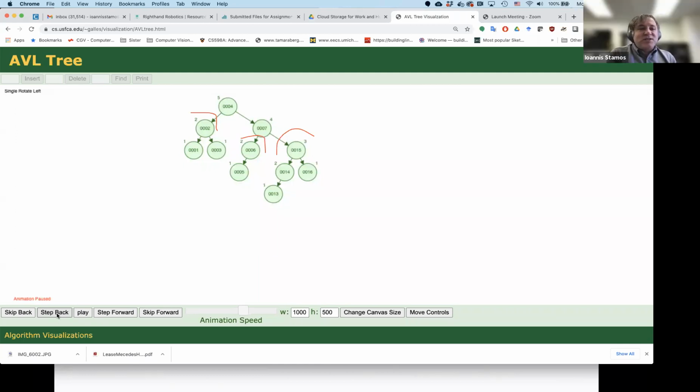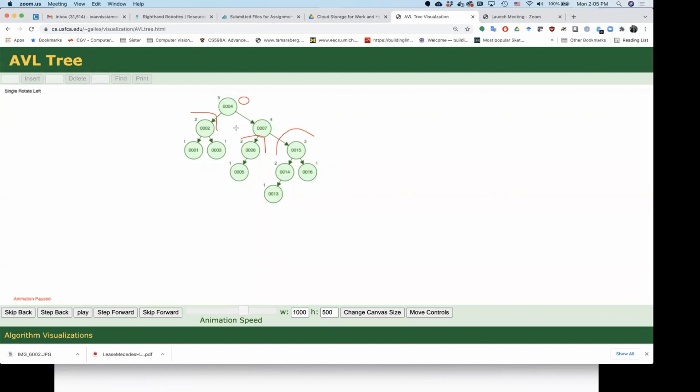We said the insertion was 13. The violation is happening after we go back all the way. It happens to be at the root. Where is 13 with respect to 4? It's to the right of 4 and it's to the right of 7.